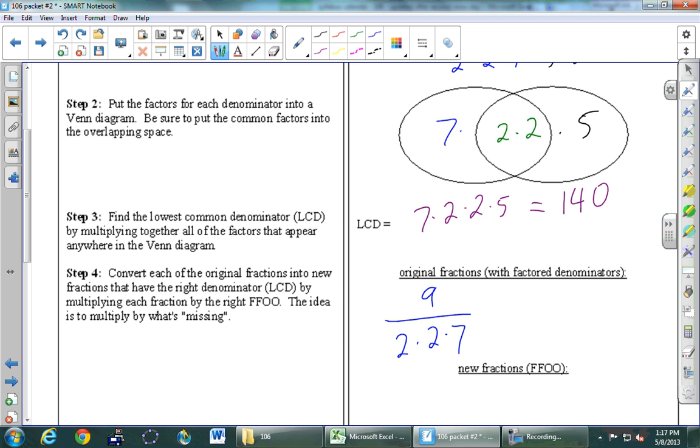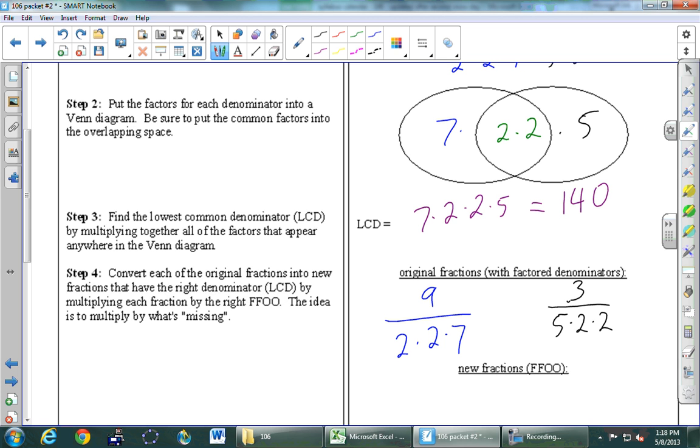What was it? 3 divided by 5 times 2 times 2. Everybody see? Just copied from up above, but now it's factored.